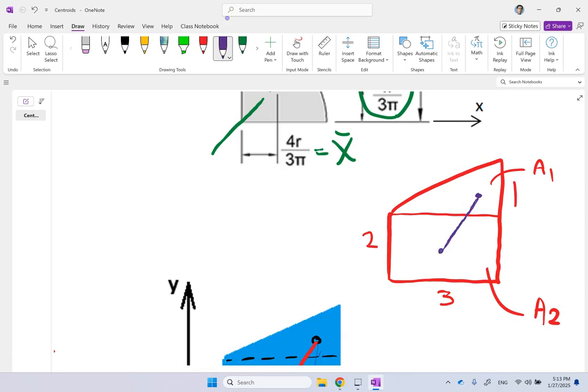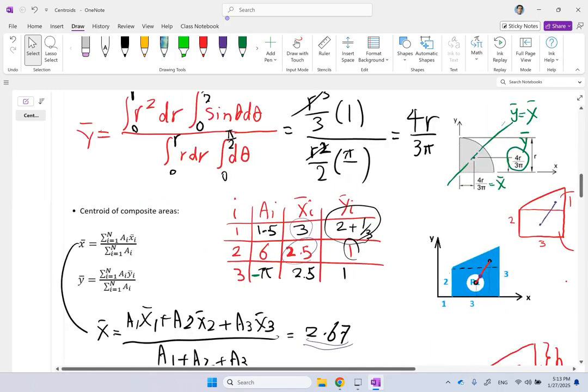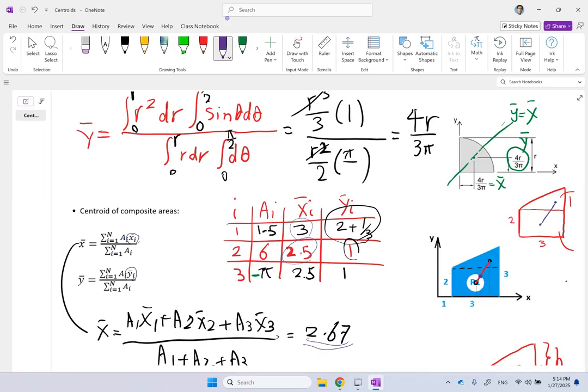Because if you look here, this formula that I just showed you, these guys are weighted averages of the x bars and y bars. So you see the weights are what? What is the weight of each one? If I expand this, if we call this whole thing A or total A, it's going to be A1 over A x1 bar plus what?